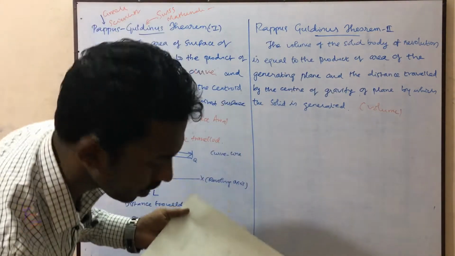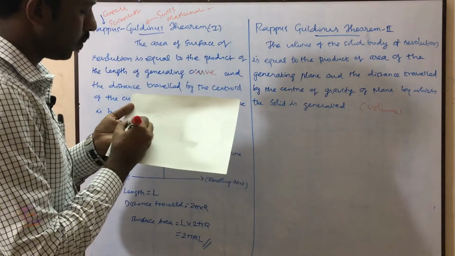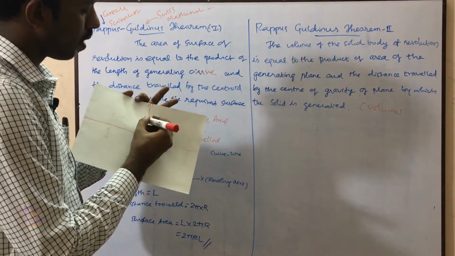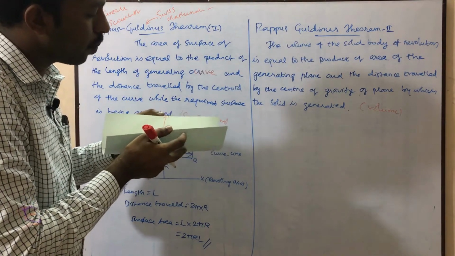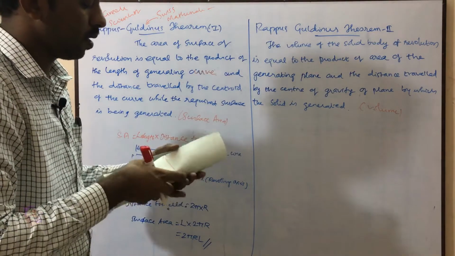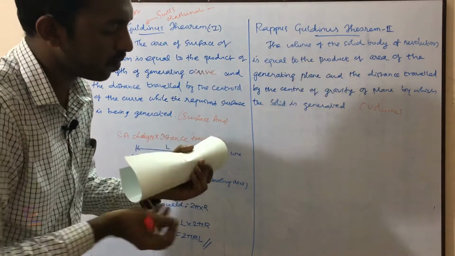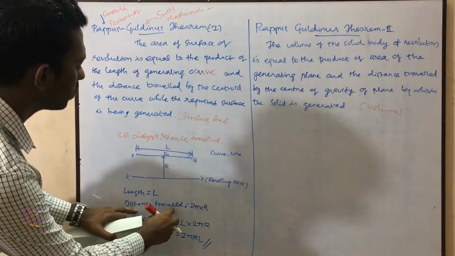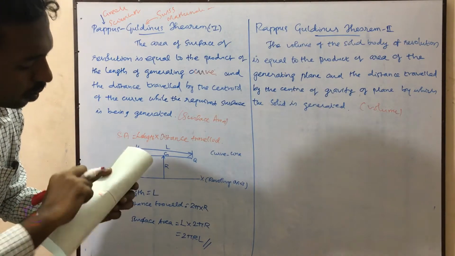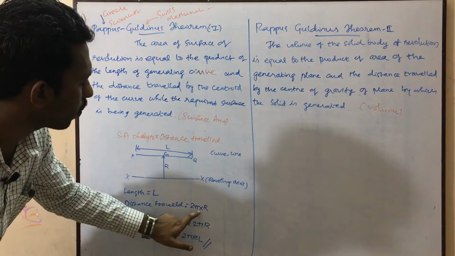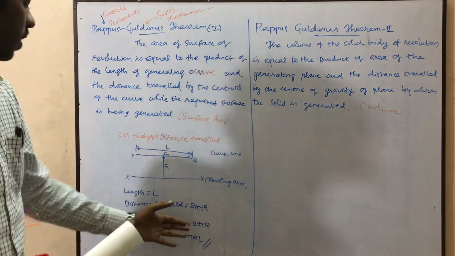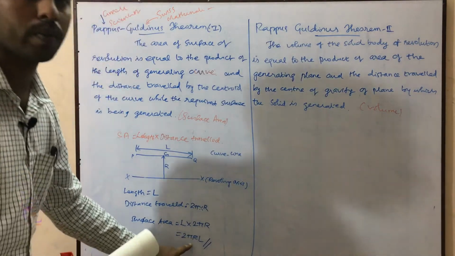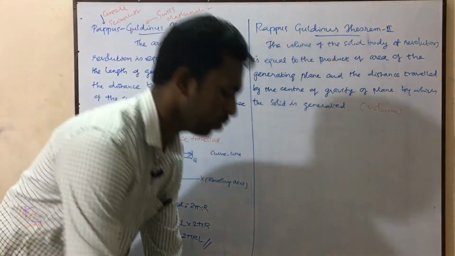The axis will be here, and the distance is taken as R. If this completes one revolution, this surface area will be produced, which is equal to this length into the distance travelled by this centroidal point, 2 pi R. So finally we got the surface area equal to L into 2 pi R, that is 2 pi R L.